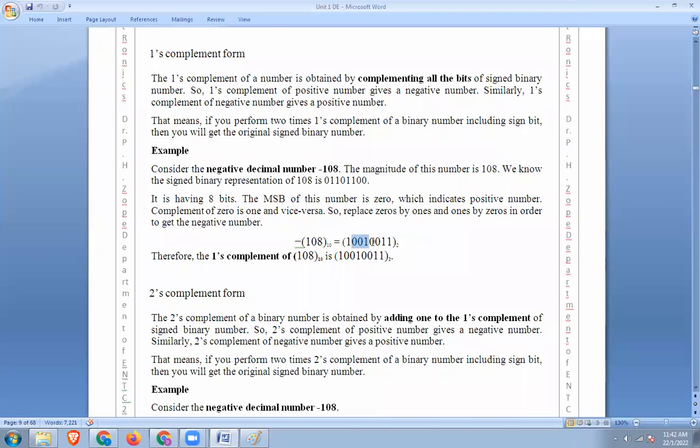In this number the magnitude is 001 0011. And lastly, the bit I left on the left hand side, that is 1, indicates a negative sign. The 1 shown here is indicating a negative sign.